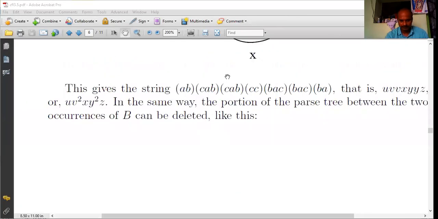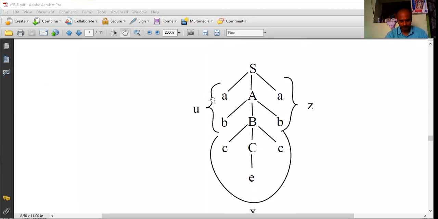How we are going to write this is like this: u v square x y square z. If we pump this v square and y square, the given string is also in the context free grammar. Here observe this.